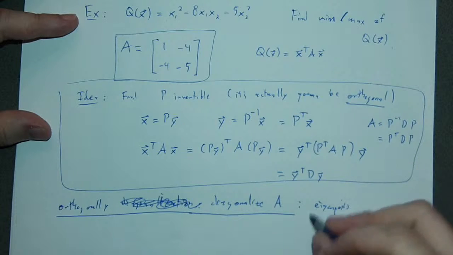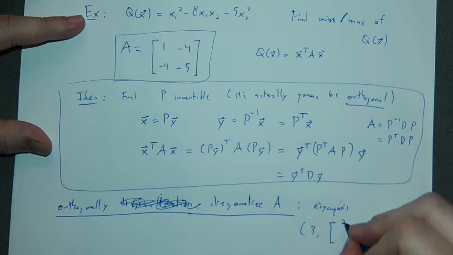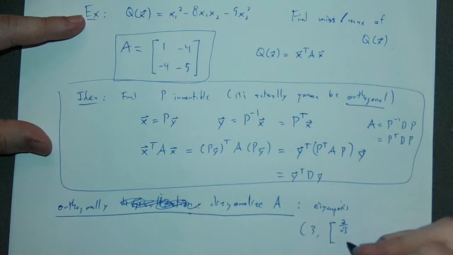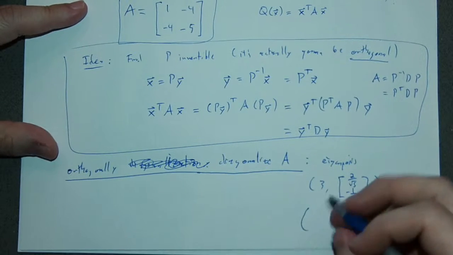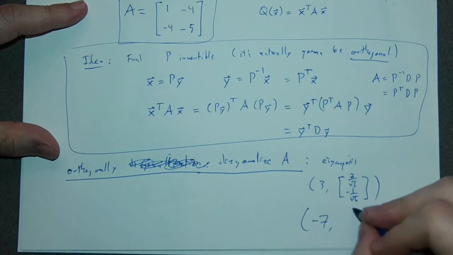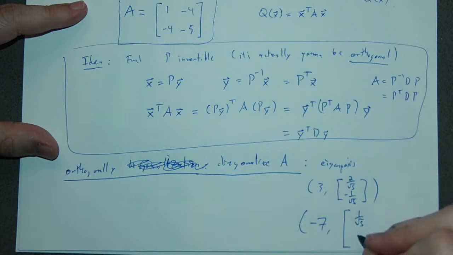It turns out the eigenpairs are 3, with eigenvector 2 over root 5, minus 1 over root 5. And the other eigenpair is minus 7, and the eigenvector associated to it is 1 over root 5 and 2 over root 5.